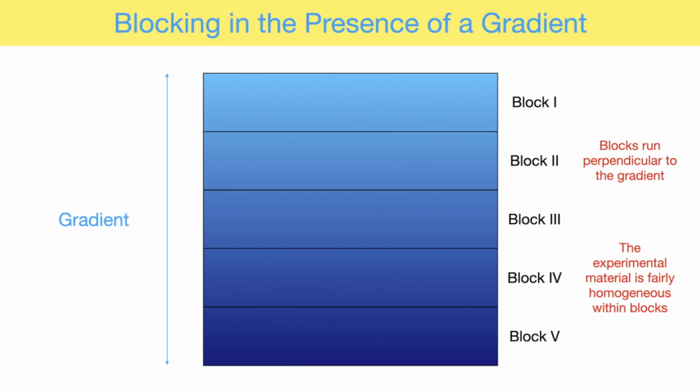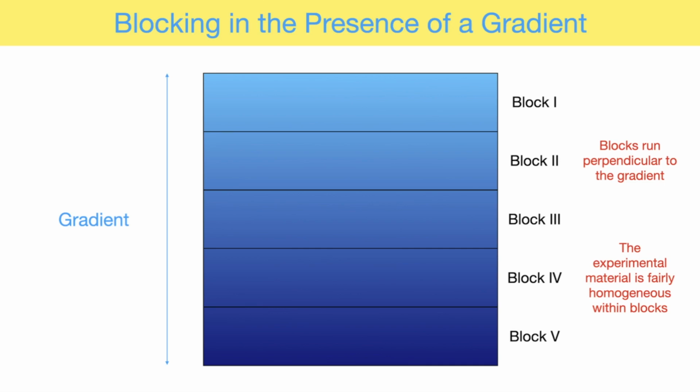So what I've done is I've created 5 blocks, and I've constructed them in such a way that the material within each block is fairly homogeneous. In terms of color, within a block it tends to have the same shade of blue. There are slight variations within a block, but the shade of blue within a block is much more similar than the difference in shades between blocks.